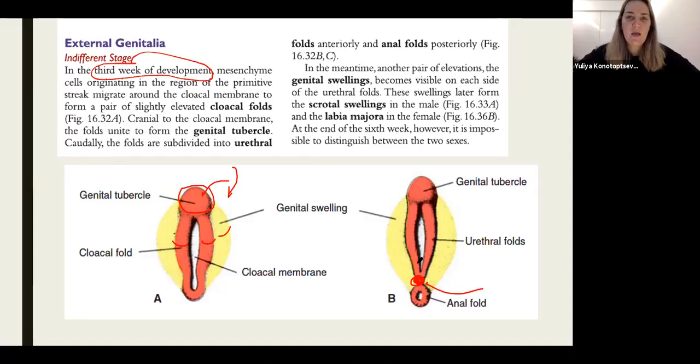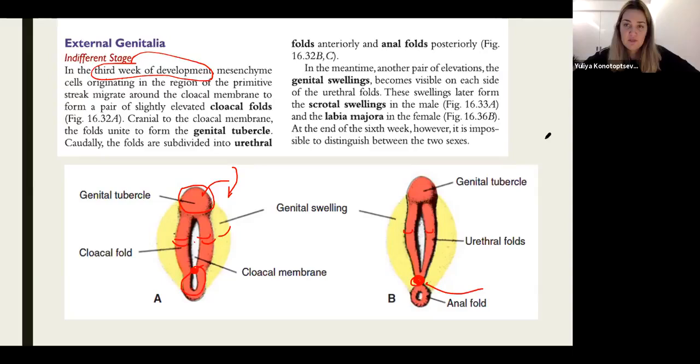You're gonna see that a bit later, so this is already like the 4th, 5th week, you start to see that the perineal body is formed. So one cloaca is divided into two, into the anal region and into the urinary region. So these become urethral folds, and this one becomes the anal fold, right? So these cloacal folds will become two things. This will be the urethral, and this will be the anal.